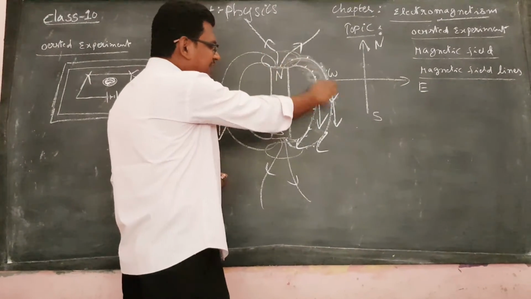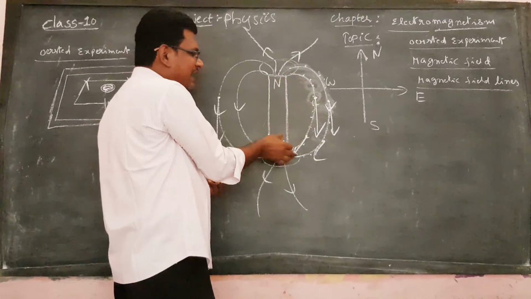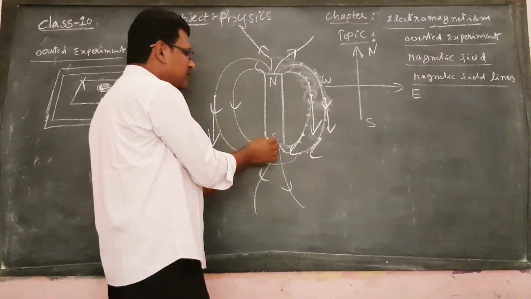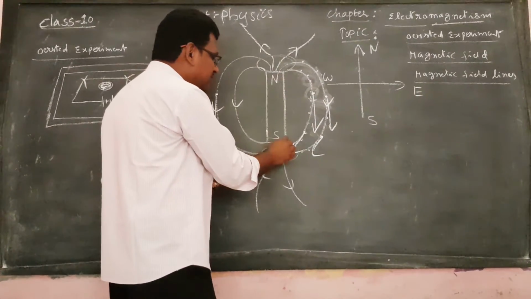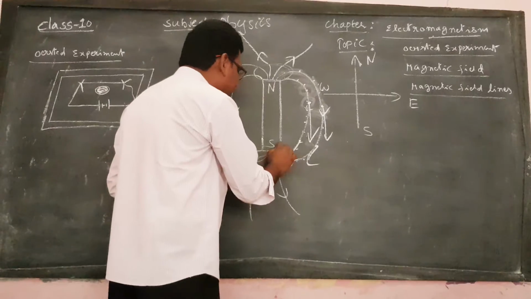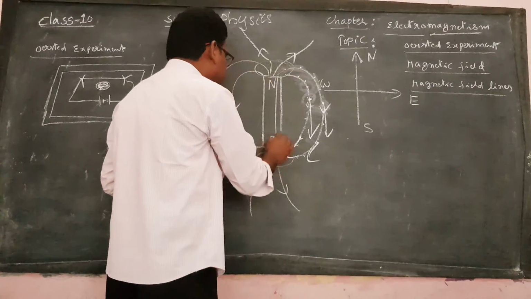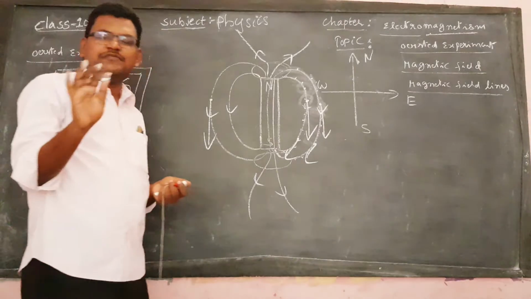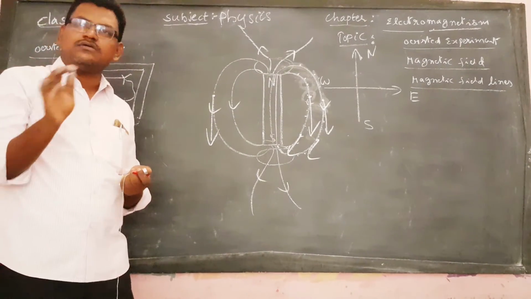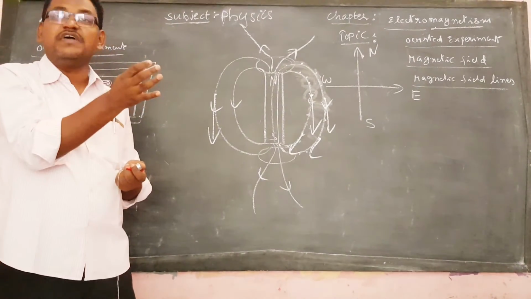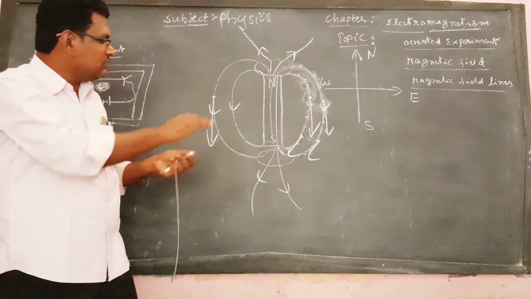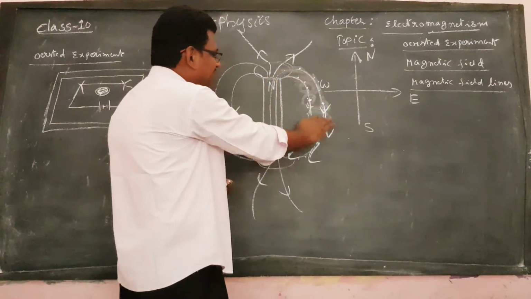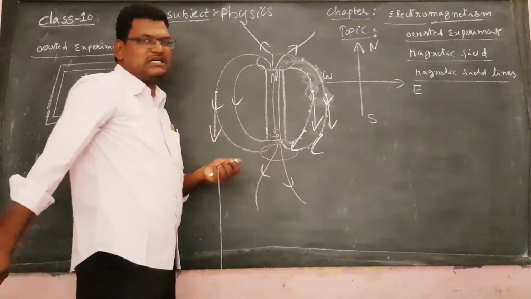Outside a magnet, the direction of magnetic field lines is from north pole to south pole, whereas inside the magnet the field lines are from south pole to north pole. That means magnetic field lines are closed curves.